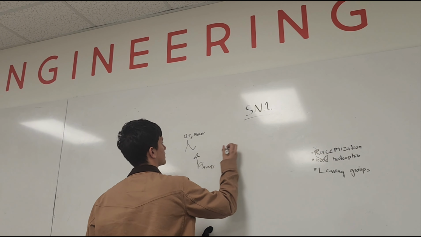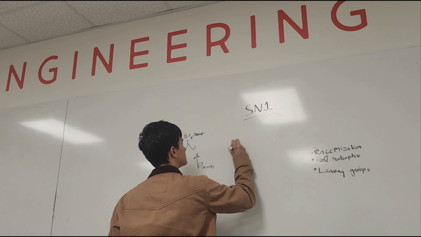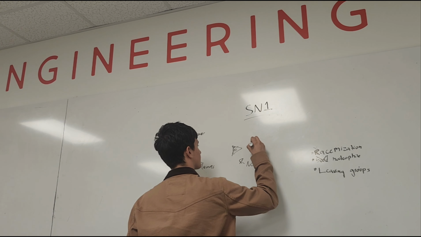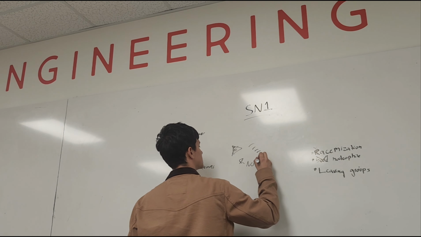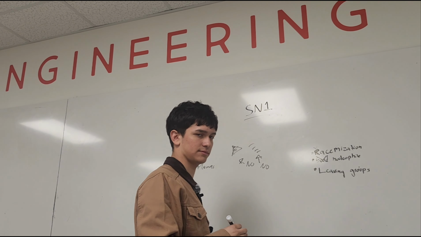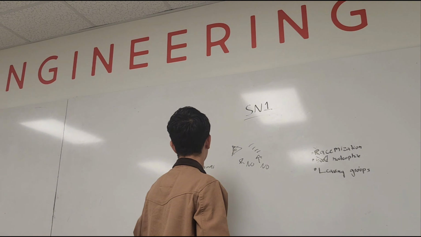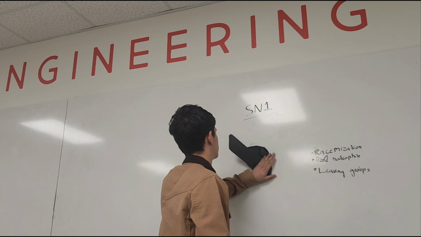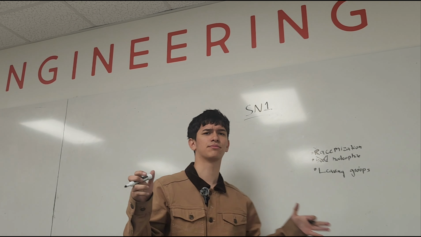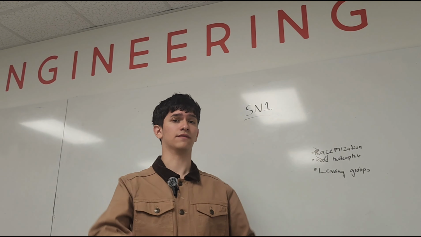Anyways, this has to be planar. What does planar mean? No wedges, no dashes. So that's racemization. Did I explain? It means the nucleophile can attack from the back or from the front.